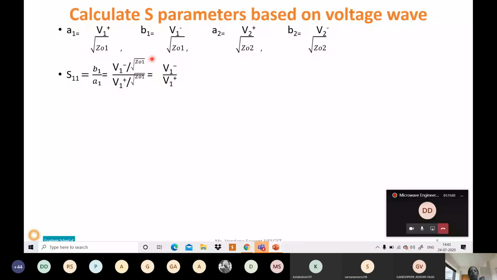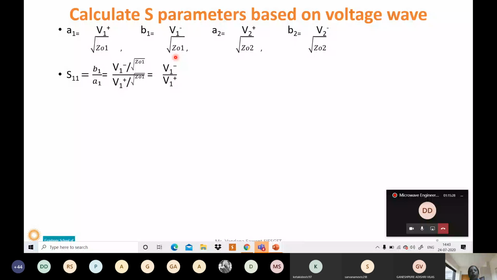So we will put the value of B1 over here and A1 over here. So this will cancel Z01 and Z01. Remaining will be V1 minus divided by V1 plus. So S11 can also be calculated depending upon voltages, V1 minus divided by V1 plus, that is reflected voltage divided by incident voltage.